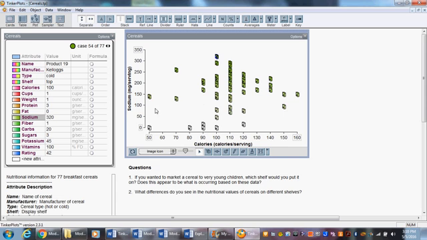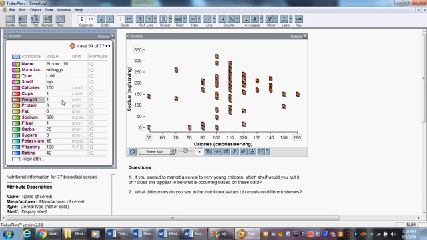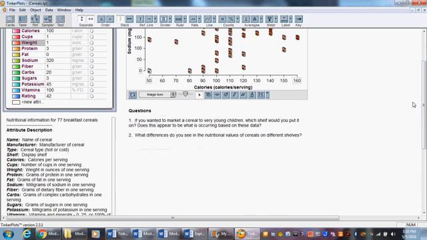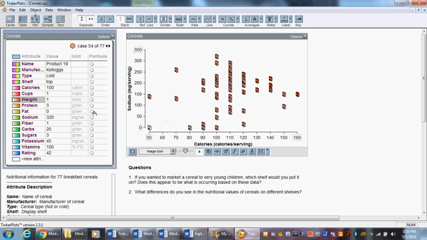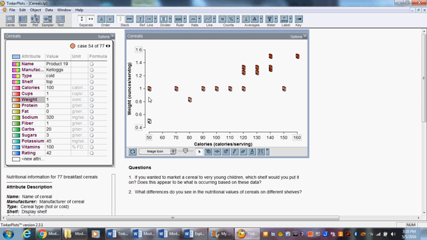We can look at maybe, this is weight, let's see, weight was the weight in ounces of 1 serving. So we could look at calories per serving and then the weight per serving. And now we see a little bit more of a relationship. If we have very few calories per serving, there's probably not going to be very many ounces per serving in that cereal.